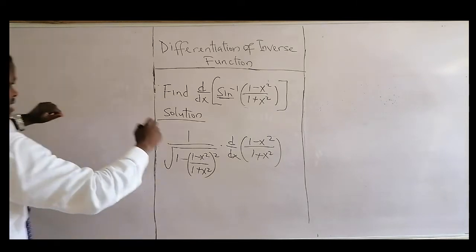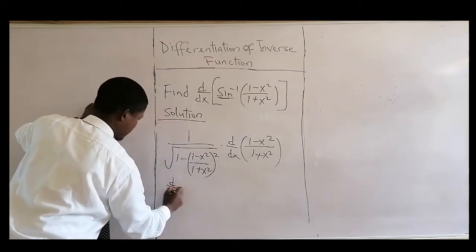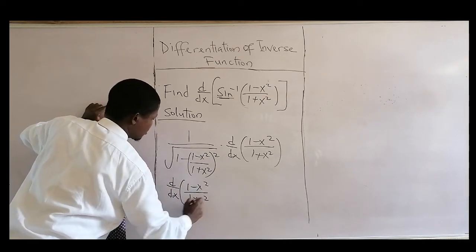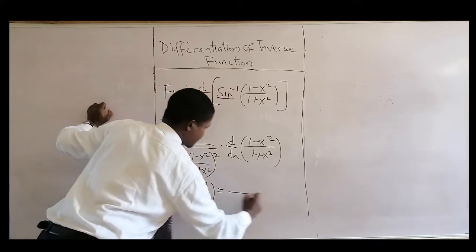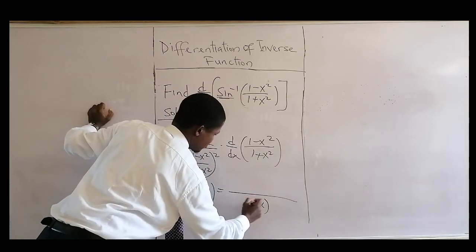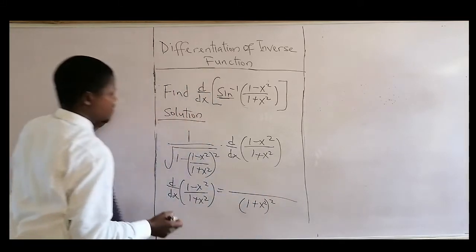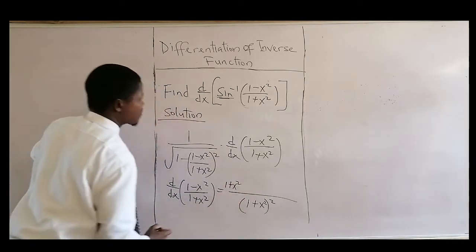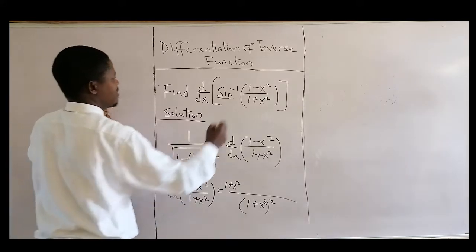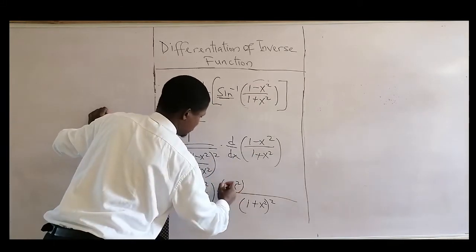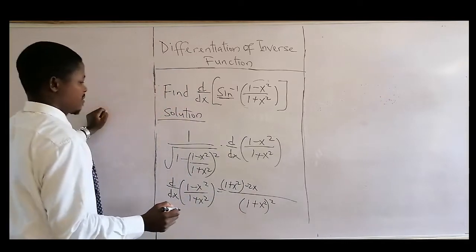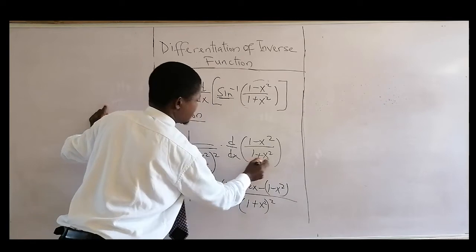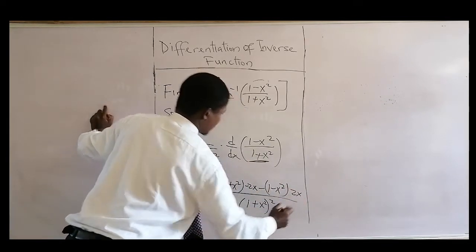Okay, so can we get the derivative of this one? d dx of 1 minus x squared over 1 plus x squared will be equal to 1 plus x squared all squared. Then your numerator, your v is 1 plus x squared. The derivative of the numerator is minus 2x. Then minus numerator 1 minus x squared times the derivative of the denominator, that's 2x.